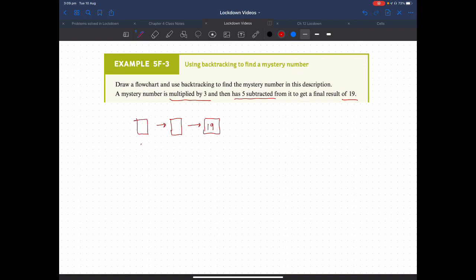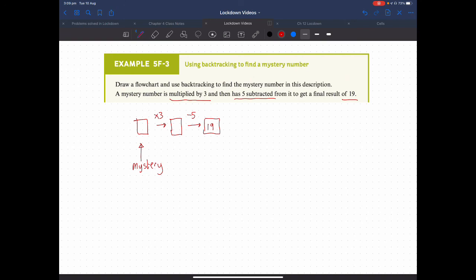The mystery number is the number in the first box. So we're told a mystery number is multiplied by 3 and then has 5 subtracted from it. So I have filled in times 3 above the first arrow and -5 above the second arrow.